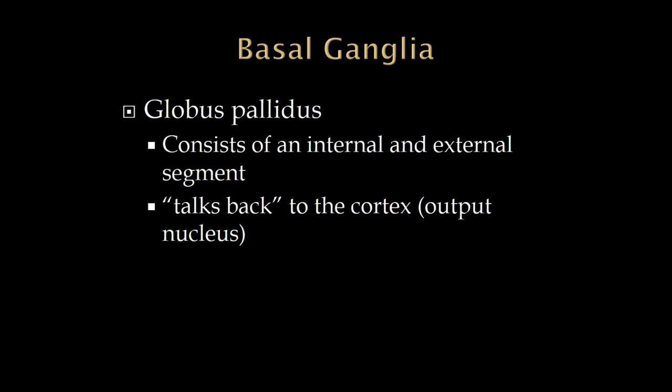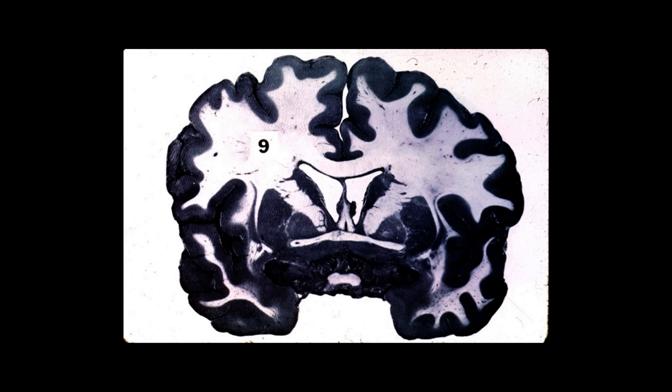So there's an internal and an external segment, and as I mentioned, the globus pallidus is the output nucleus. This is how the basal ganglia communicates back to the cerebral cortex. And here we can very obviously see the separation between the putamen and globus pallidus.